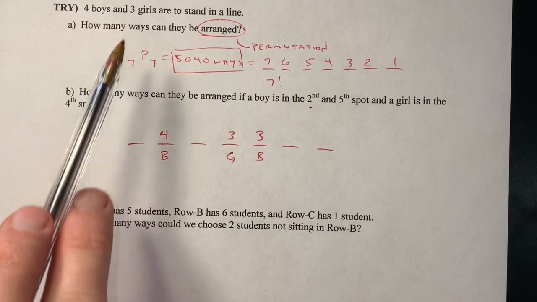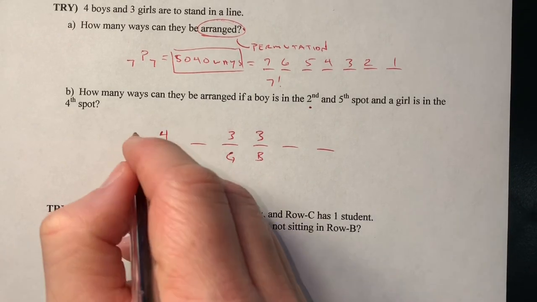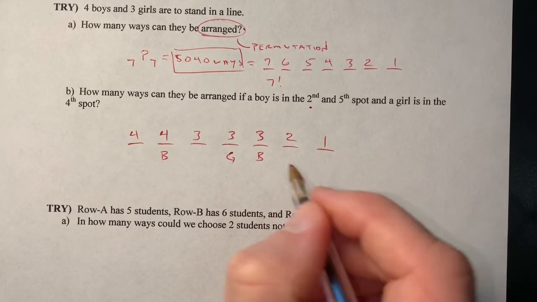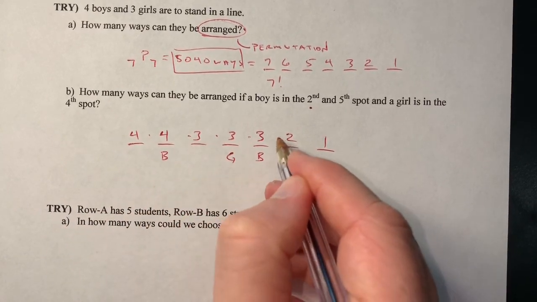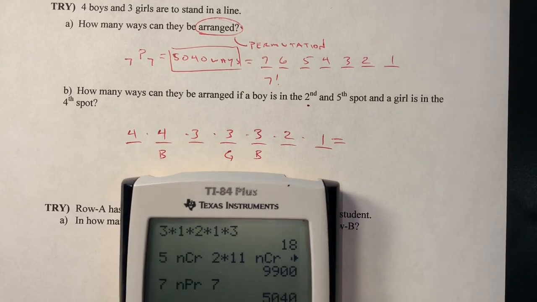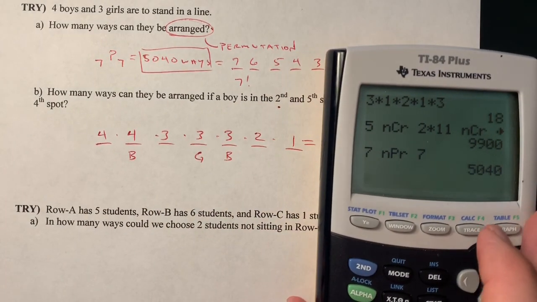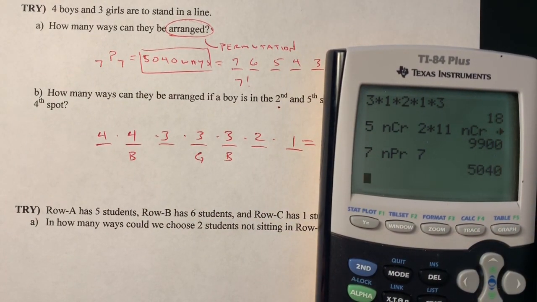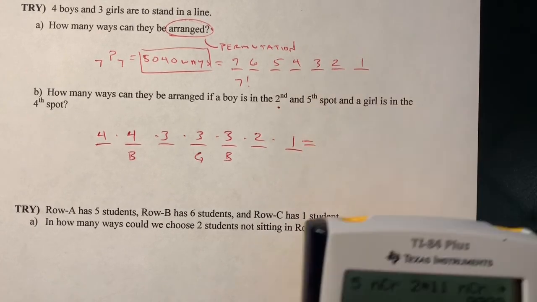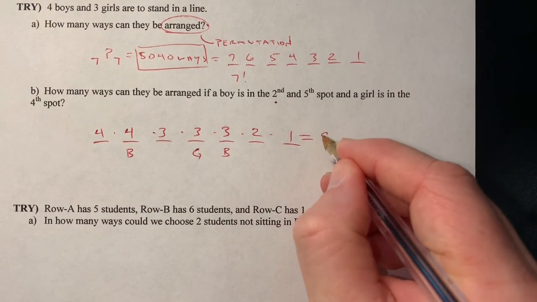There were 7 total, so that leaves me with 4 options, 3, 2, and 1. And now I'm going to multiply all of those numbers. Okay, so we have 4 times 4 times 3 times 3 times 3 times 2 times 1, 864 different ways.